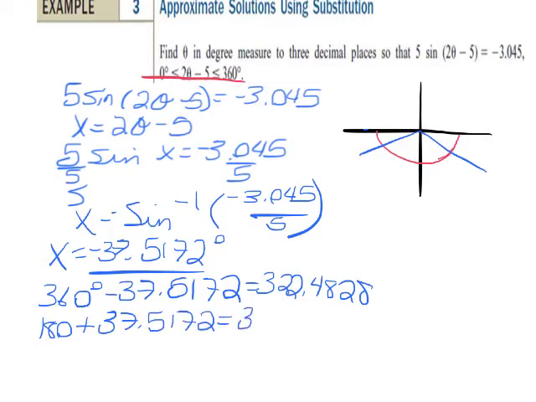Now we get 300 and, oops, excuse me, not 300. We get 217.5172.